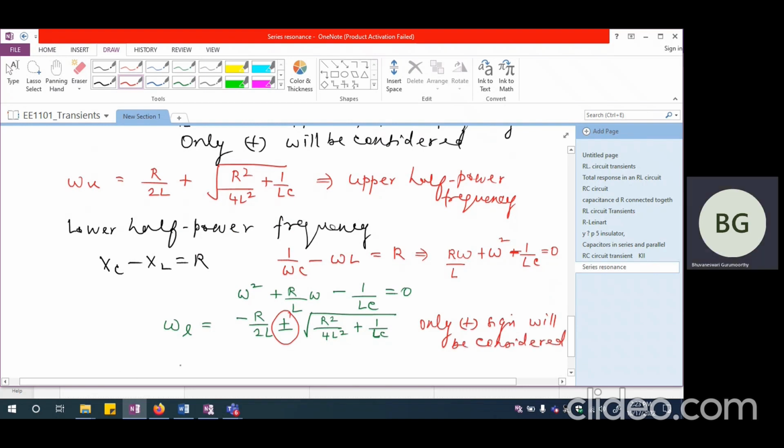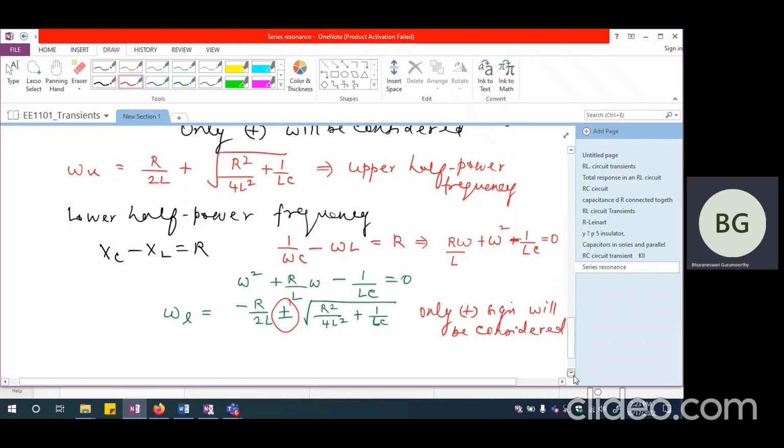So in this particular case, omega L equals minus R divided by 2L plus root of R square divided by 4L square plus 1 by LC.